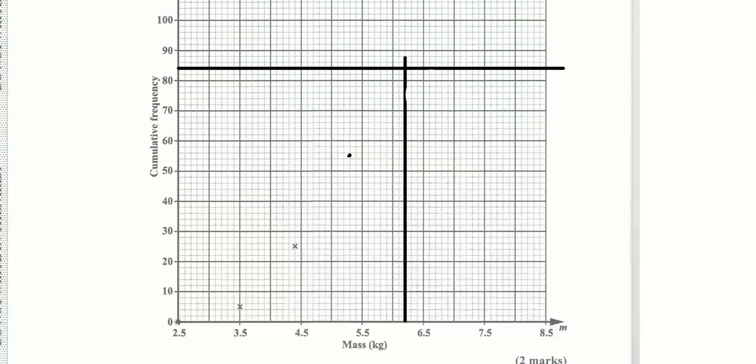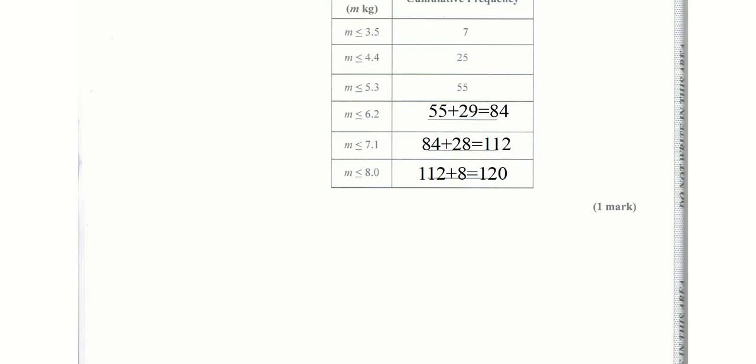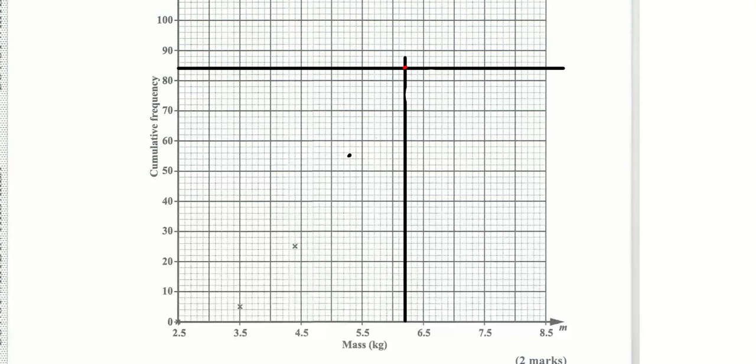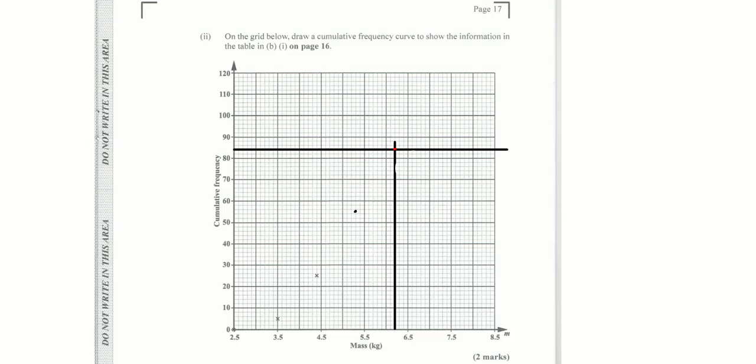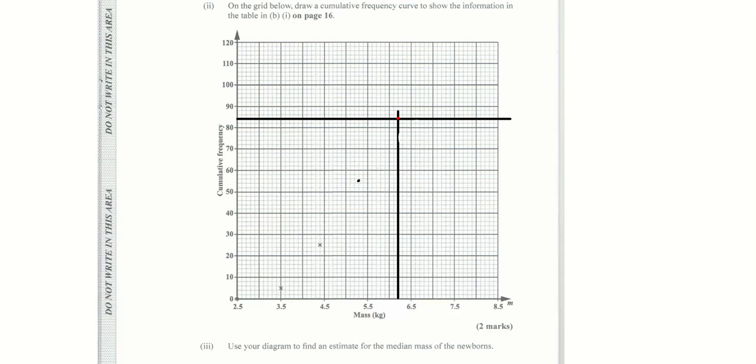7.1 is 112. 7.1 is here. 112 is this. And 7.1 would be right there.